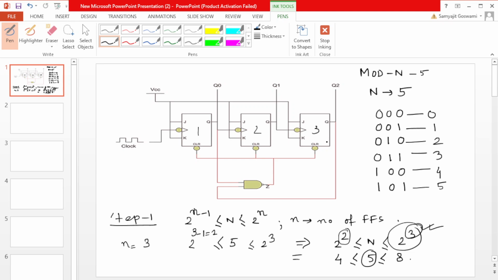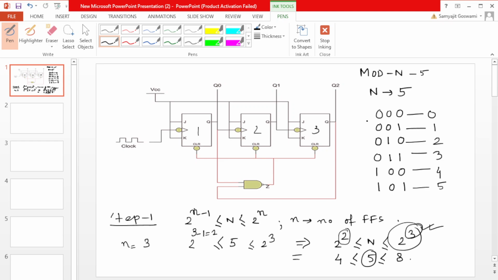Why do we use 3 flip-flops here? I think all of you are clear now, because if we use 2 flip-flops, we cannot count 5. So this is the first step: we have to use 3 flip-flops.